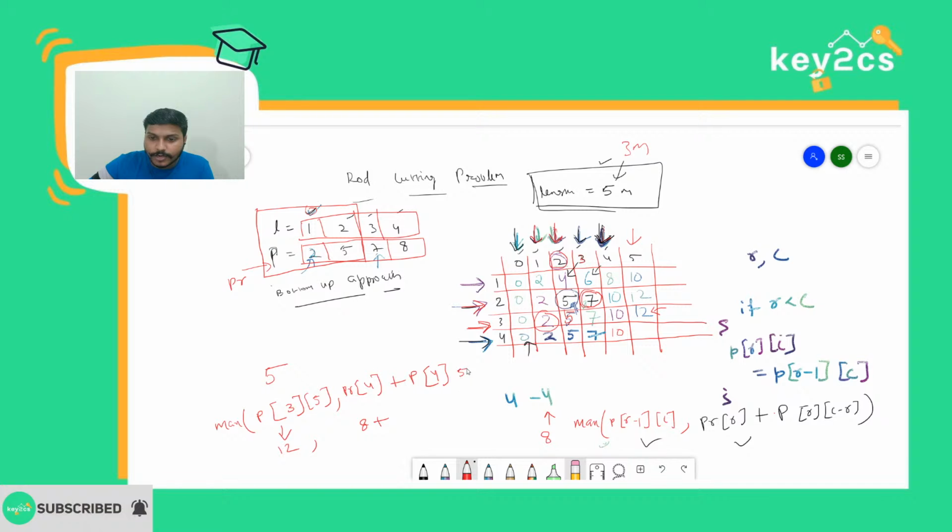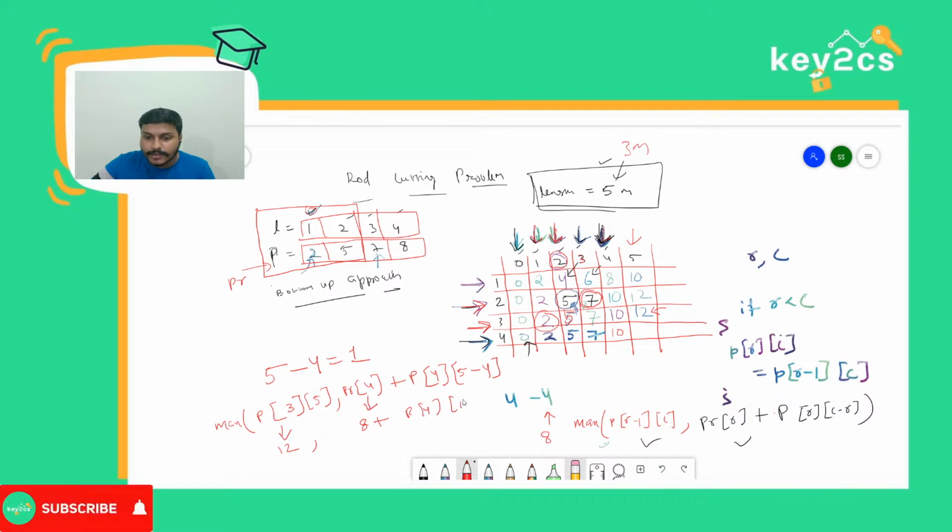C is 5, total 5 meter we require, and we are taking a rod of length 4 meter, so 5 minus 4. For taking 4 meter we are getting profit 8. What is the remaining length we have to make? 1 more meter, so it is nothing but P of 4, 1. In the same row, if you go to column value 1, you will get the profit, that is 2. So 8 plus 2 is actually 10.